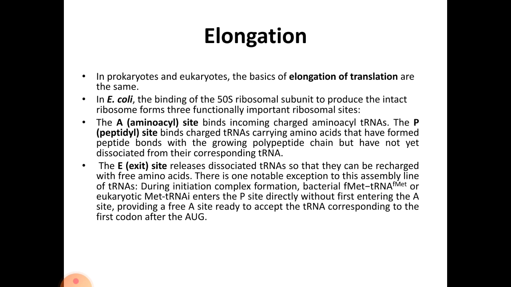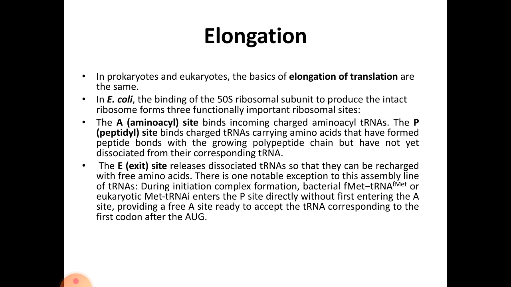The P site or peptidyl site binds charged tRNAs carrying amino acids that have formed a peptide bond with the growing polypeptide chain but have not yet dissociated from its corresponding tRNA. The E site releases dissociated tRNAs so that they can be recharged with the free amino acids.